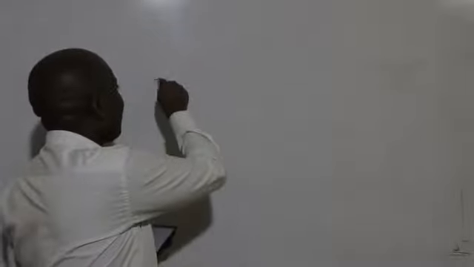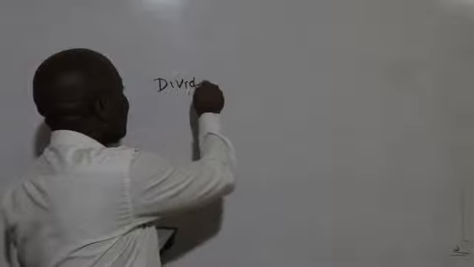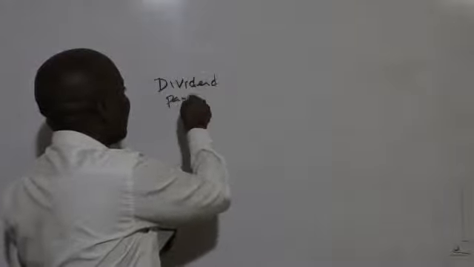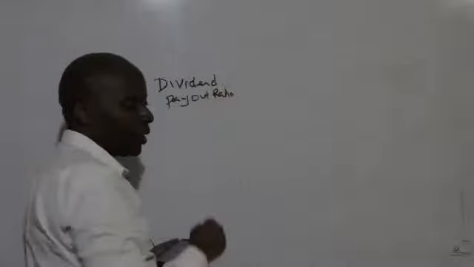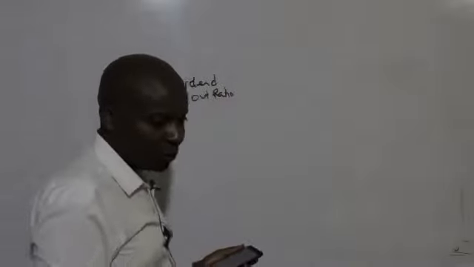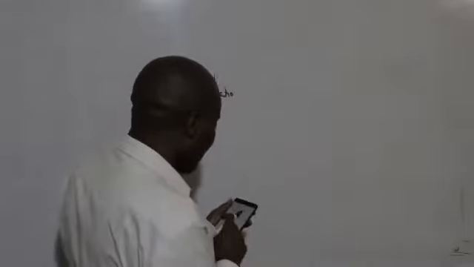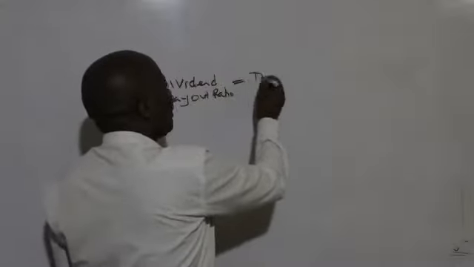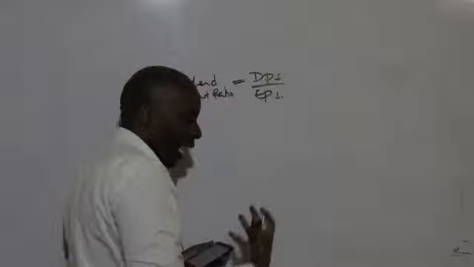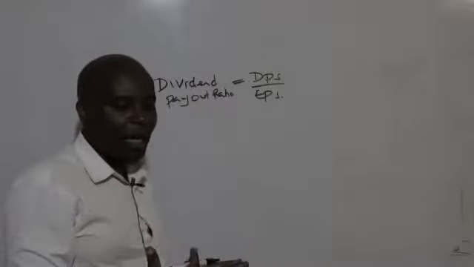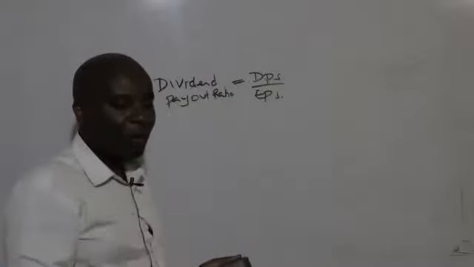Here the key thing is that I have to know how to calculate the dividend payout ratio. The dividend payout ratio will be equal to dividends per share all over earnings per share. What we earn, out of whatever we earn, what are we able to pay?